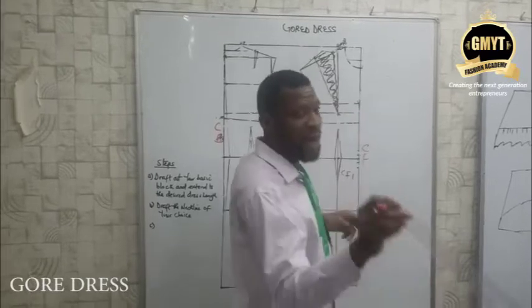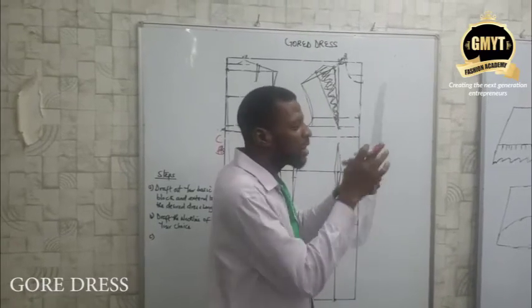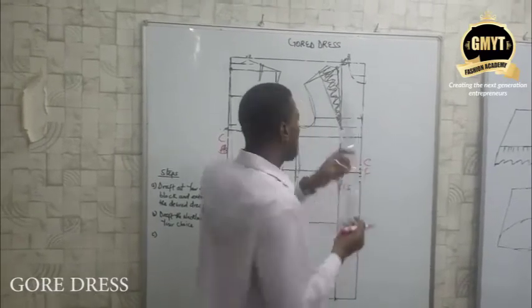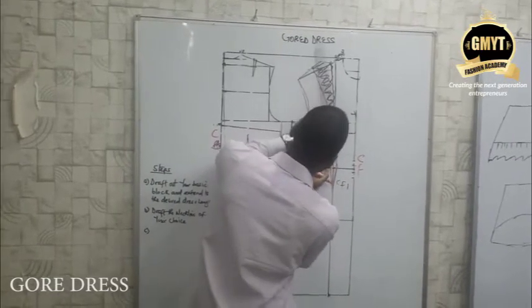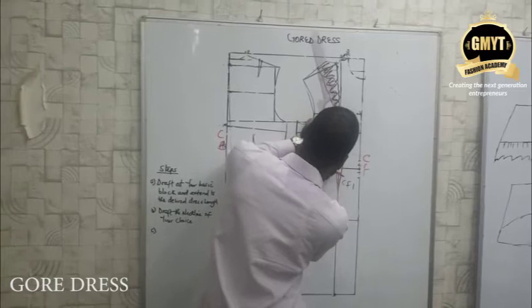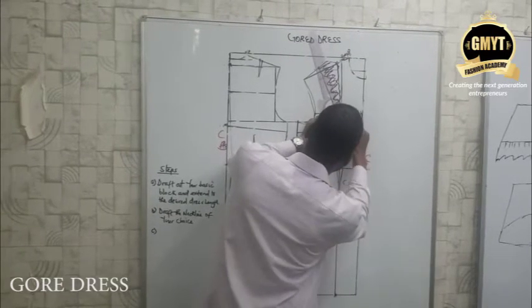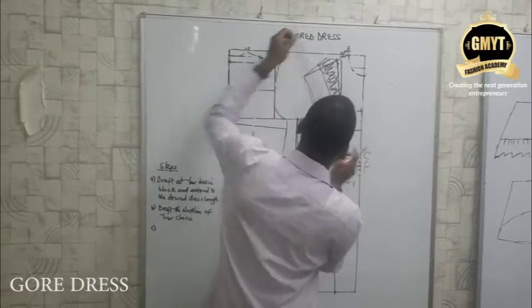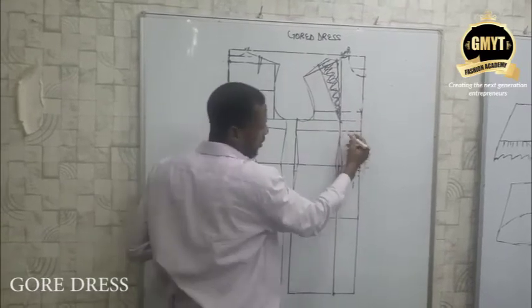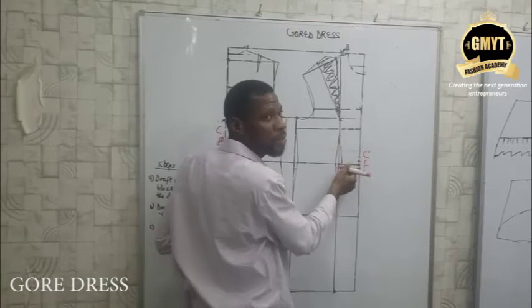But we advise that you use the slightly curved part of your ruler. Don't do this; just look for a part that is not too curvy. Then you link from your point X to the 13 cm up from your waistline. Do you get it now?